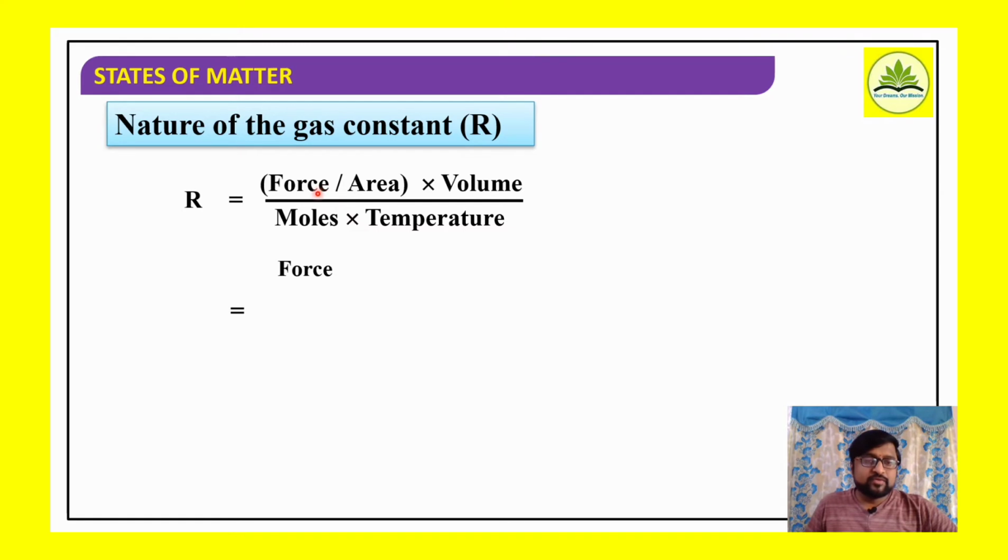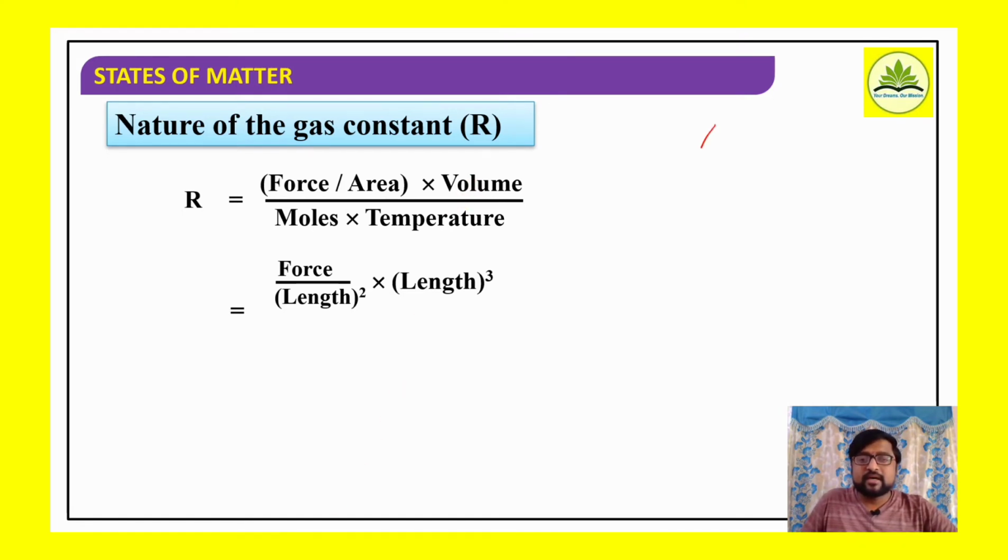Here we have force divided by area. What is area? Area is length into breadth. Therefore I write length square for area. And volume is length into breadth into height.